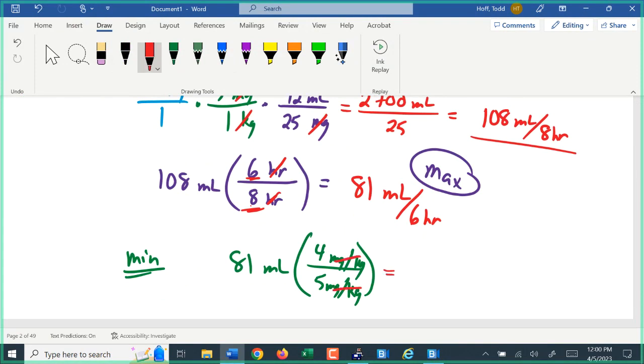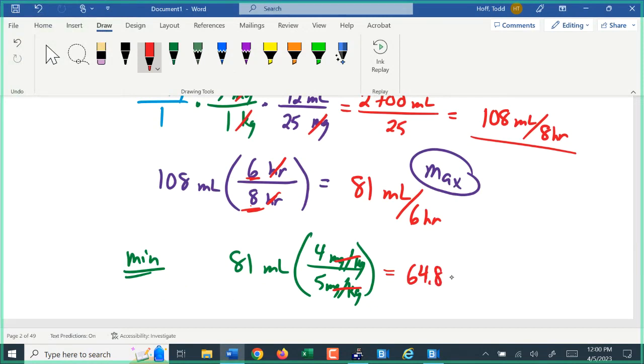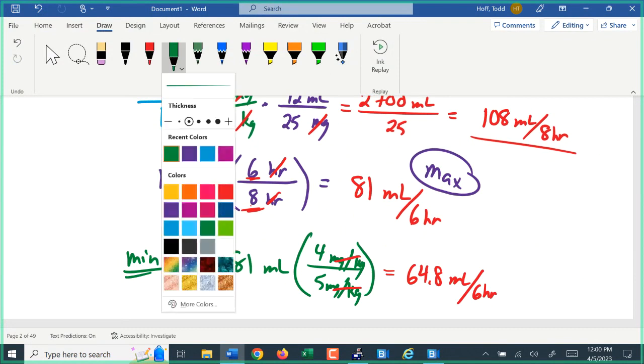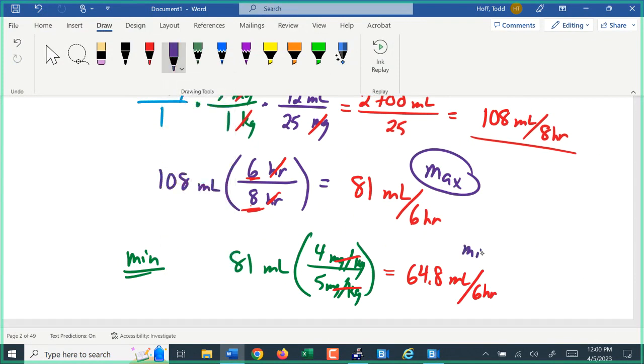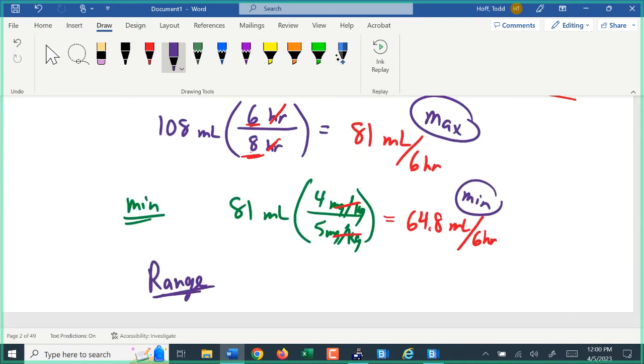We take our 81 times 4 divided by 5, and we get 64.8. That is milliliters every 6 hours again. That is our minimum dose. So we combine those to get that the recommended range for this patient would be from 64.8 milliliters every 6 hours to 81 milliliters every 6 hours.